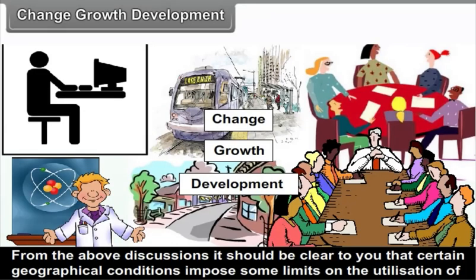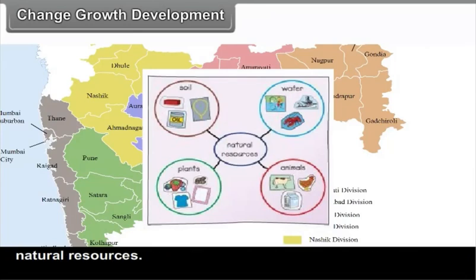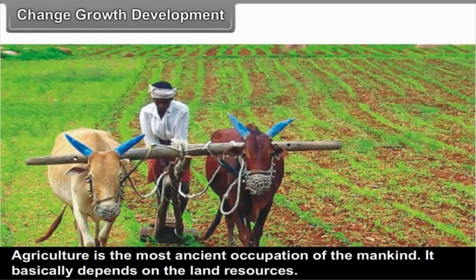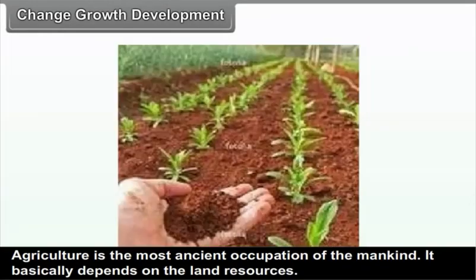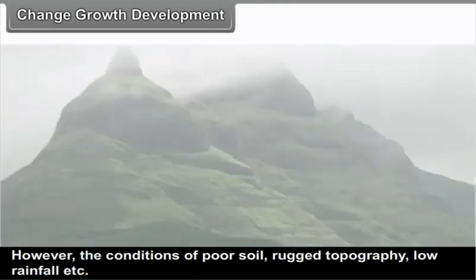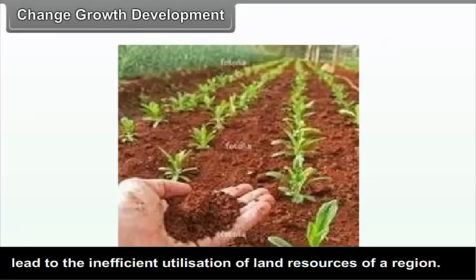From the above discussions, it should be clear to you that certain geographical conditions impose some limits on utilization of natural resources. Agriculture is the most ancient occupation of mankind. It basically depends on the land resources. However, the conditions of poor soil, rugged topography, low rainfall, etc. lead to the inefficient utilization of land resources of a region.